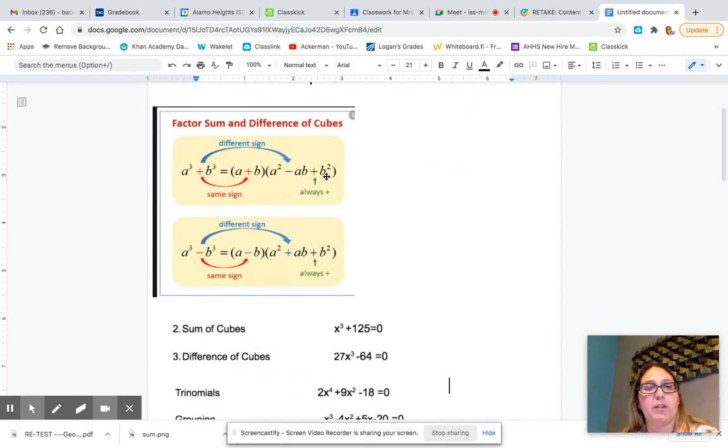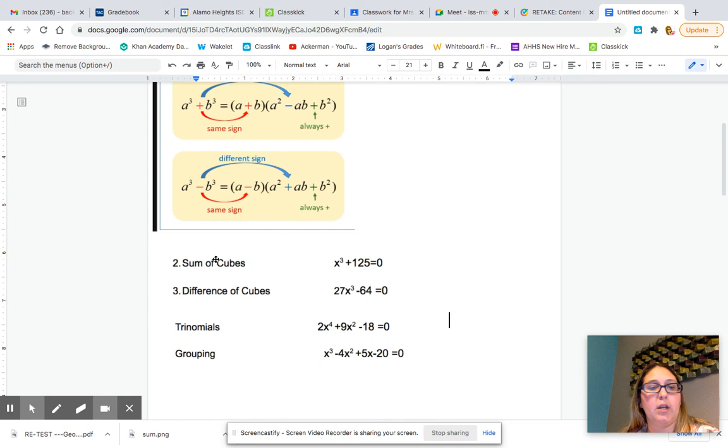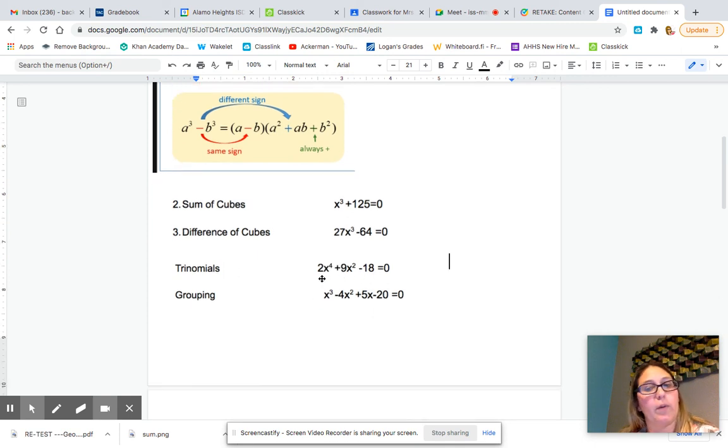Sum and difference of cubes, some sort of cubed plus or minus another set of cubed. Trinomials, we can kind of treat those like quadratics, and so we were able to start with the AC method, and in this case, since A was not 1, it was easier to split the B and to do grouping. And then the last one is just grouping itself, okay?